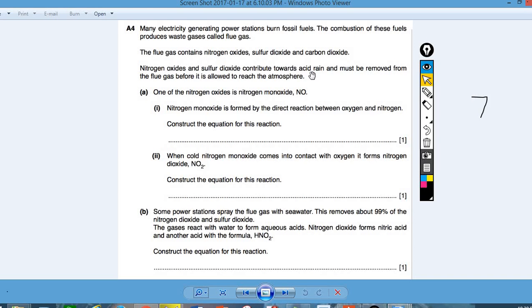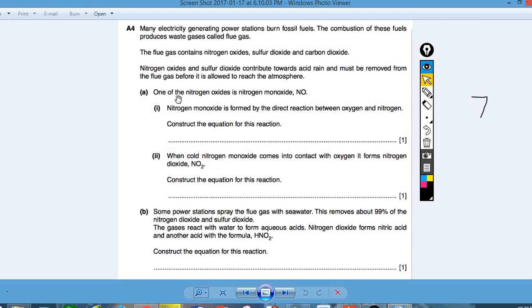So acid rain is formed. To reduce these bad effects, flue gases should be removed before these combustive gases are released to the atmosphere.